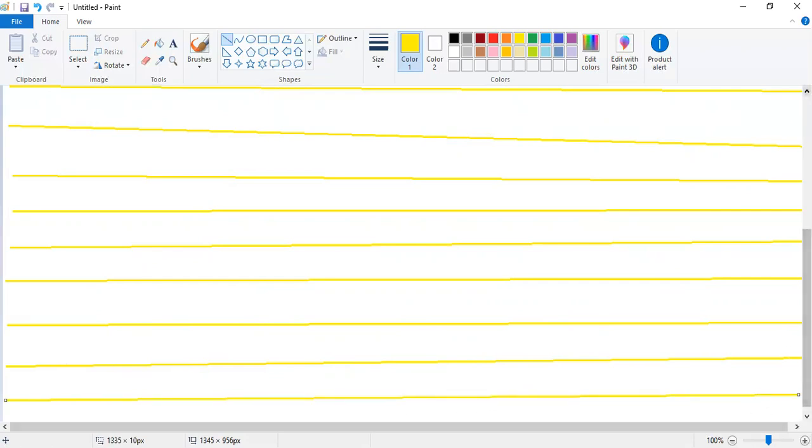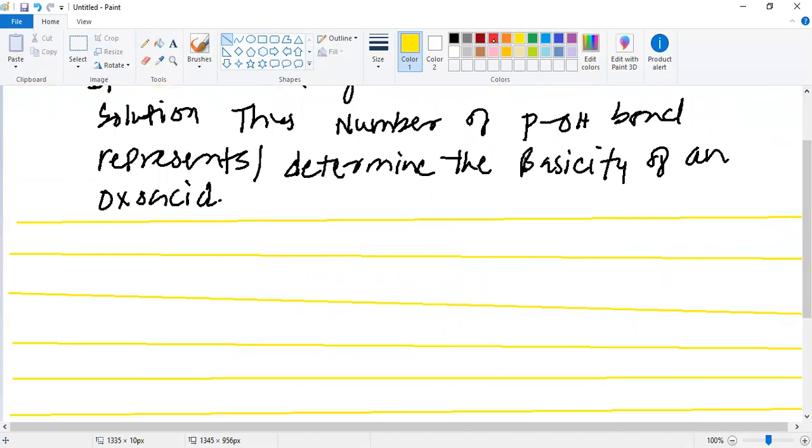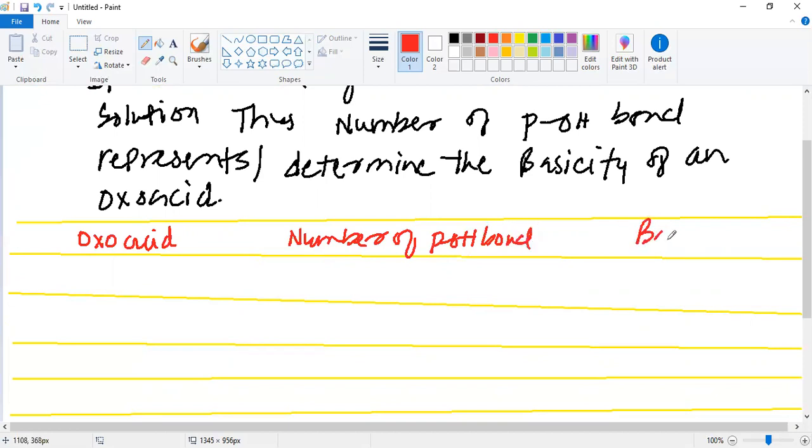Let's move forward, my dear students, and study first. The first thing that we have is the oxoacid, then the number of P-OH bonds, and basicity.